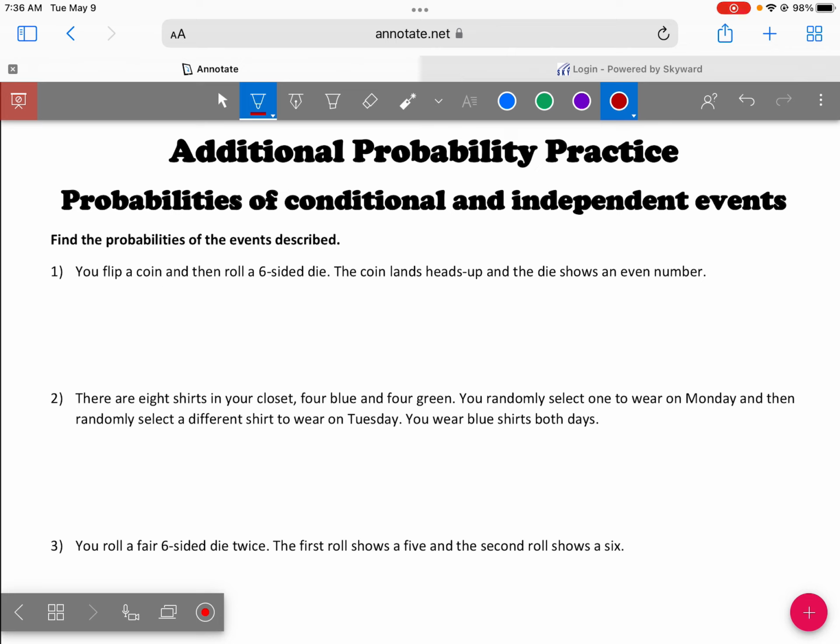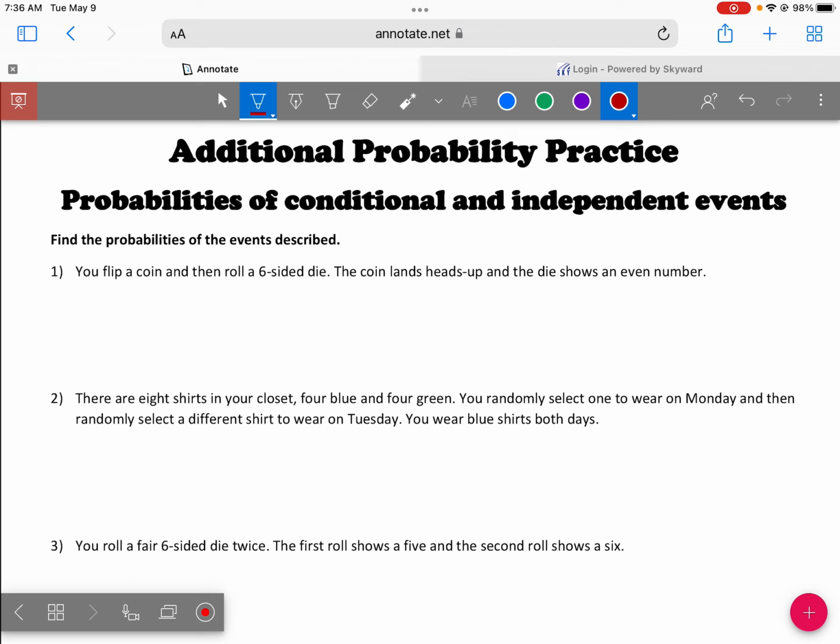You flip a coin and then roll a 6-sided die. The coin lands heads up and the die shows an even number. Now, they don't give us any numbers here. We have to look at these and say, do we think these are independent or dependent?